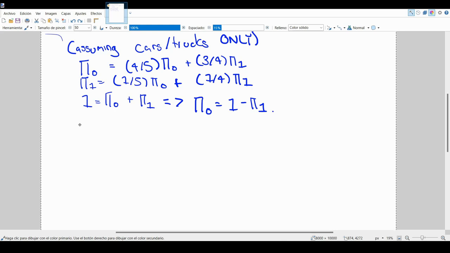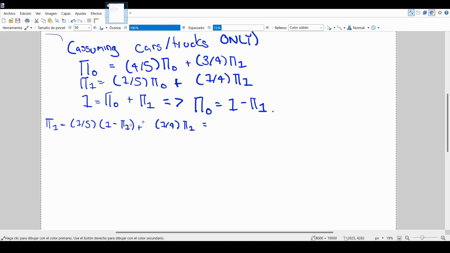So we will start by plugging in 1 minus pi 1 into this value. So we know that pi 1 equals 1 over 5 times 1 minus pi 1 plus 1 over 4 times pi 1. As we can see, this equation is exclusively in terms of pi 1, so it now should be easily solvable with a little bit of algebra.